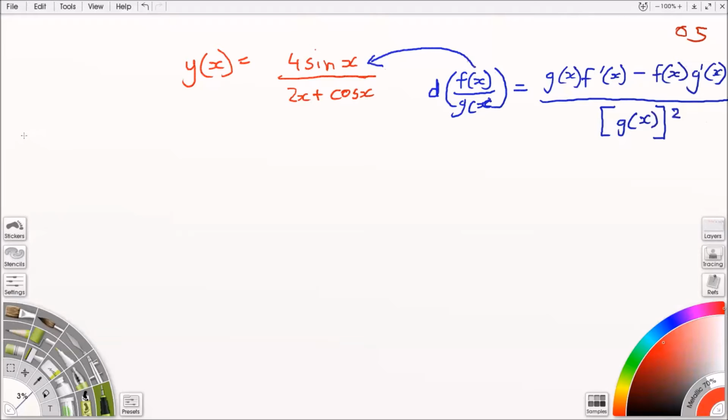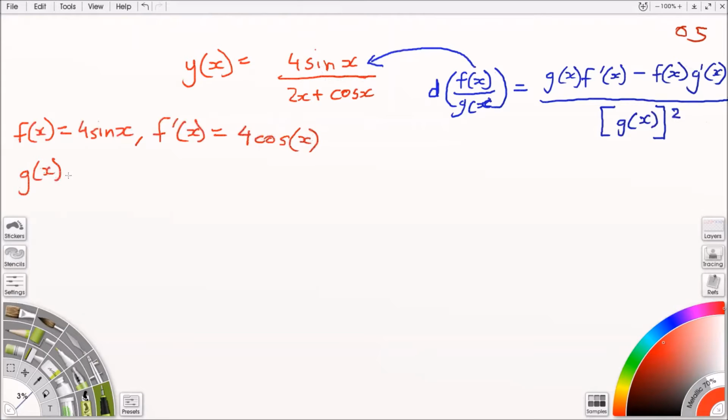So I'm just going to write up top here. f of x is 4 sine x, and then the derivative of f of x, I think it's still going to be 4, I think. We'll check this in Symbolab after, but then the derivative of sine is cos, I think. We'll check that after too.